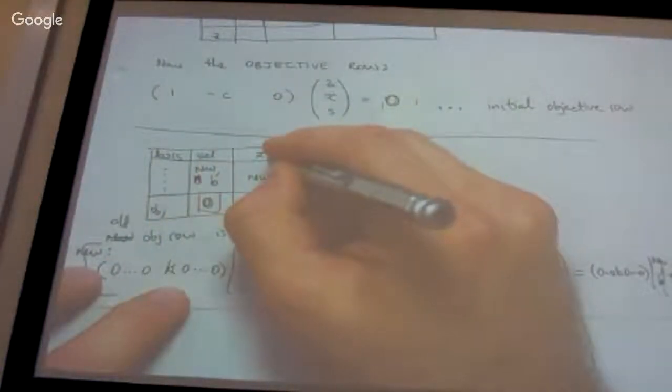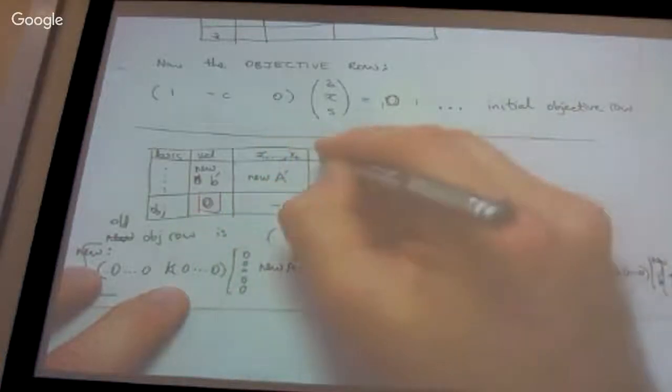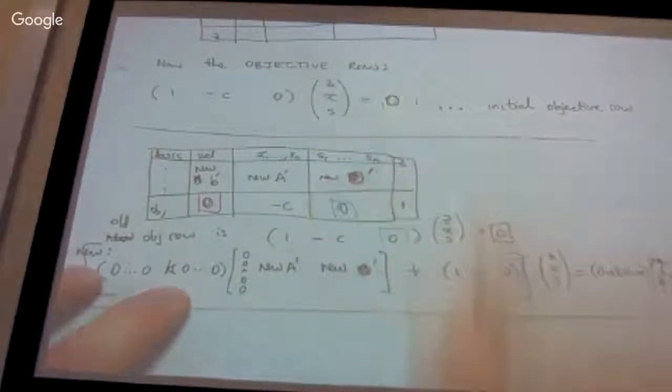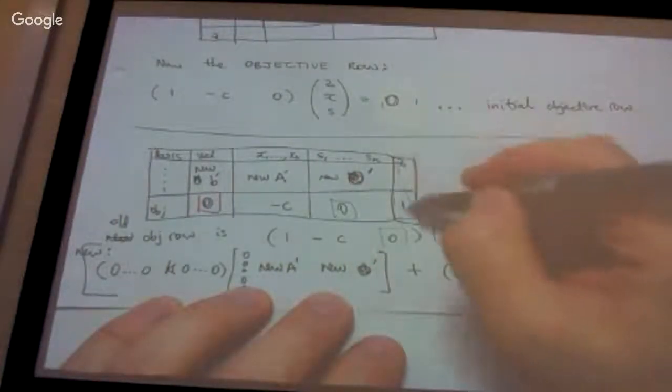So there's some basis, yeah? I don't care what it is. There's some objective row, okay? This is the value, this is the x's, all the x's, x1 to xn. These are all the s's. Okay, we don't write the objective, so forget it.